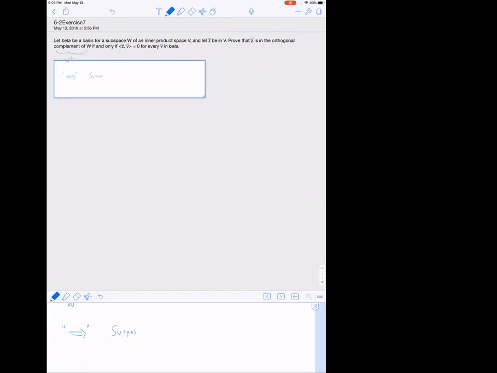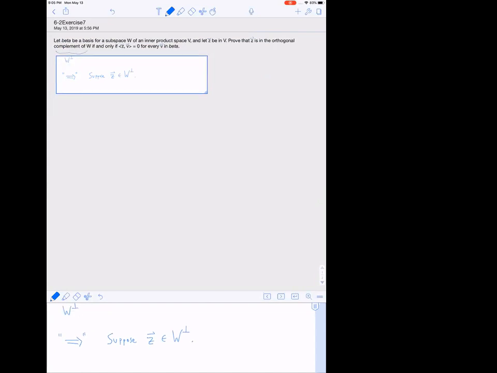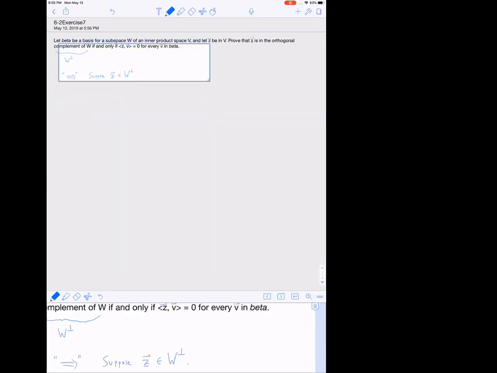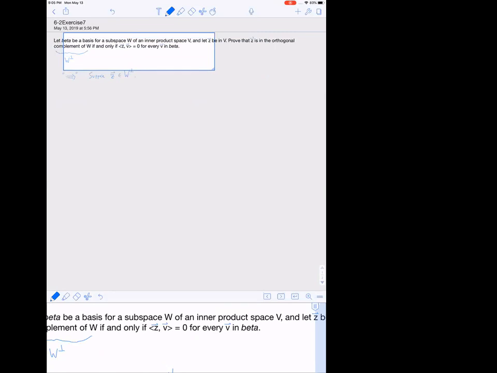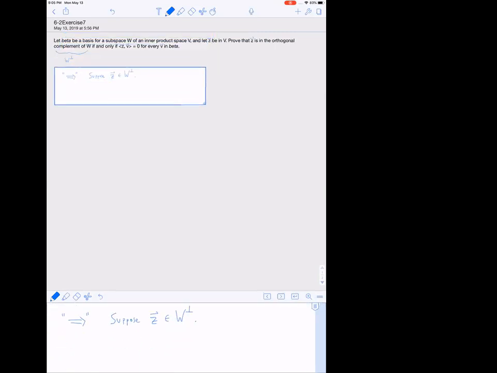Suppose that Z is in W perp. Well, what it means to be in the orthogonal complement of W is that you are orthogonal to all of the things in W. So in particular, you should be orthogonal to all the vectors in a basis for W. So let's just write that out.